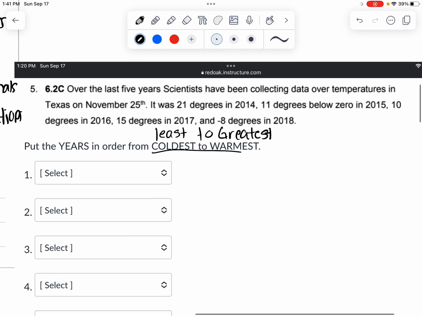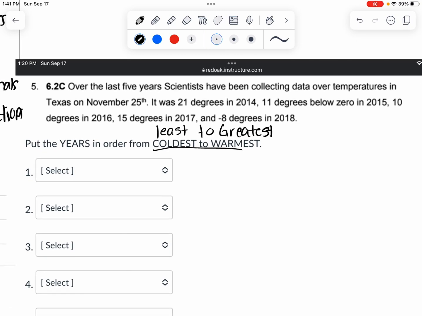Over the last 5 years, scientists have been collecting data over temperatures in Texas. On November 25th, it was 21 degrees. So we have 21 degrees. And then we have 11 degrees below 0. So if it's below 0, remember it's represented as a negative, so that'd be negative 11.